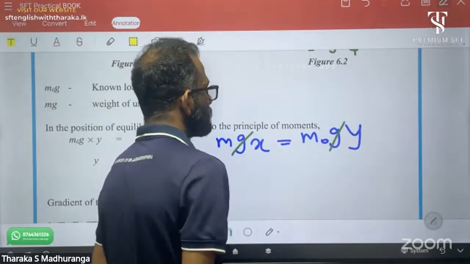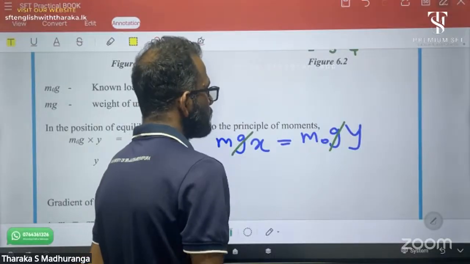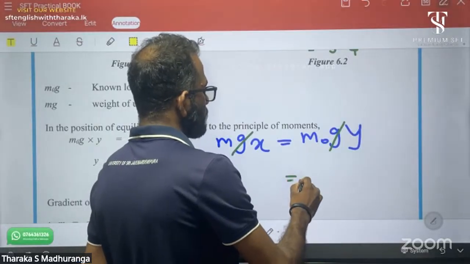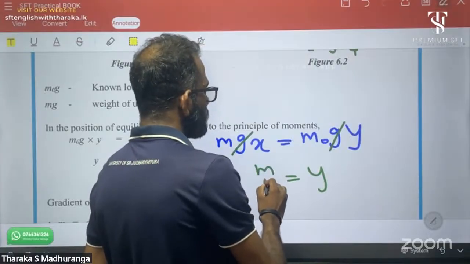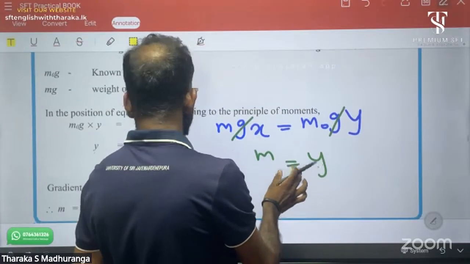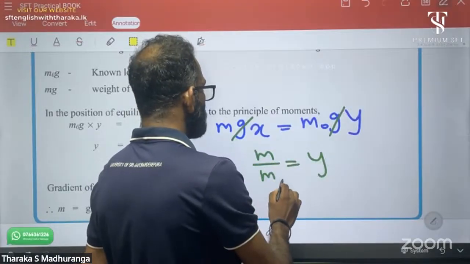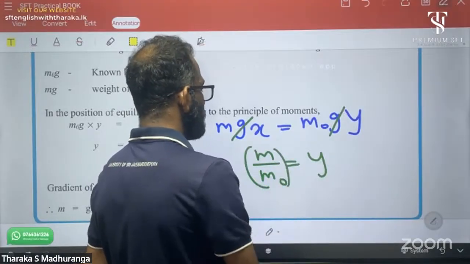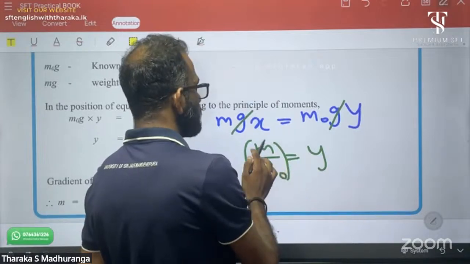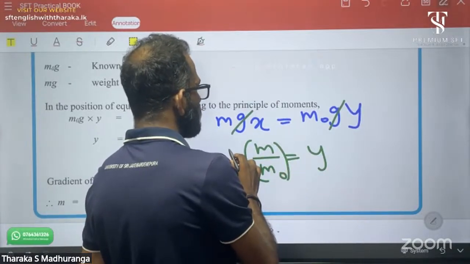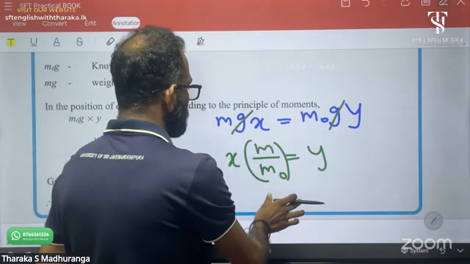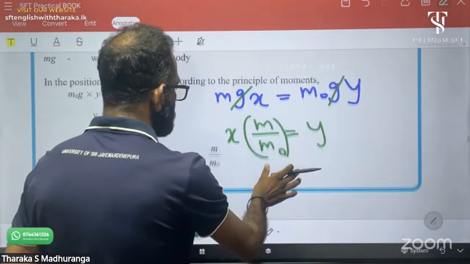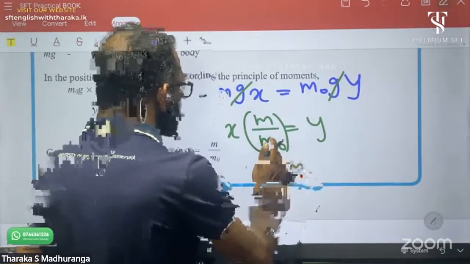Now y equals m over m naught, sorry. This is the gradient, times x. Okay, this is my equation: y equals m over m naught into x.